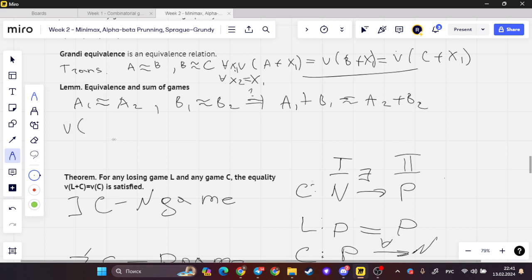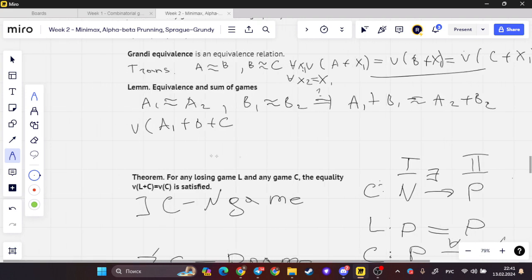Consider this. Write this down as the definition, plus C, for every C.